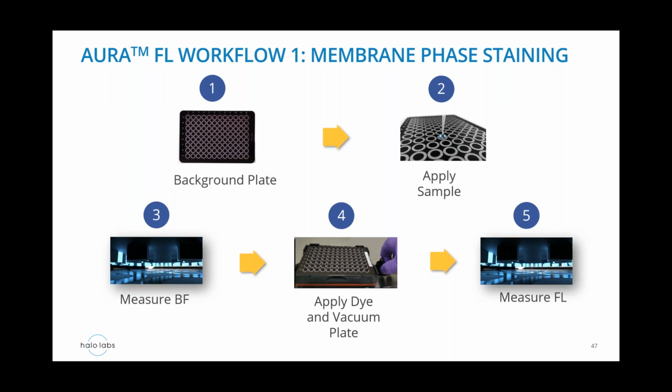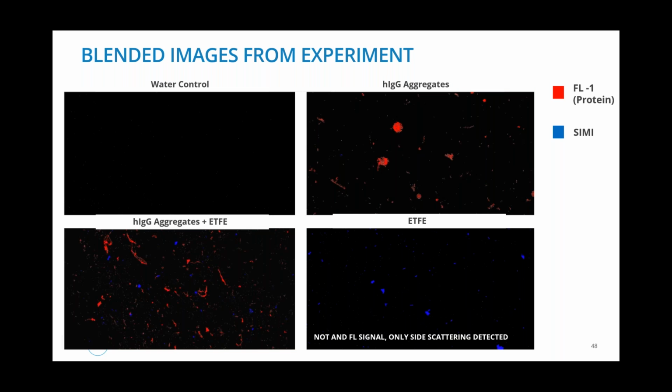So we just add an additional stain in step 4, where steps 1, 2, and 3 are essentially just your standard BMI approach. Then we add a dye, and then we remeasure. This workflow is also highly flexible, and you can do it all at once, just like you do in Horizon, by applying the dye right after you apply the sample. But happy to talk to you about that if that comes up.